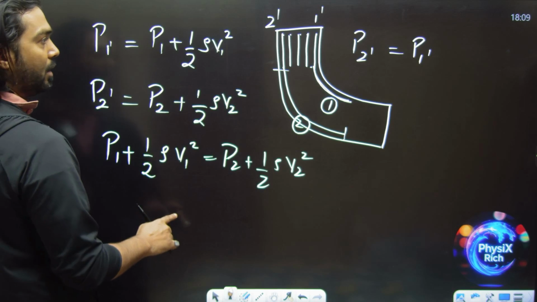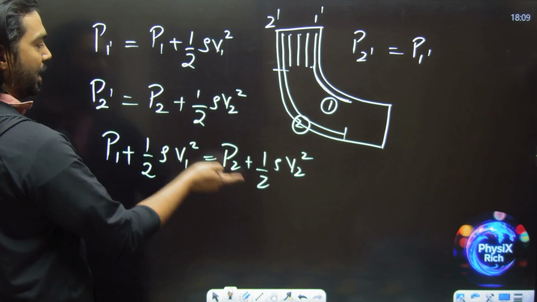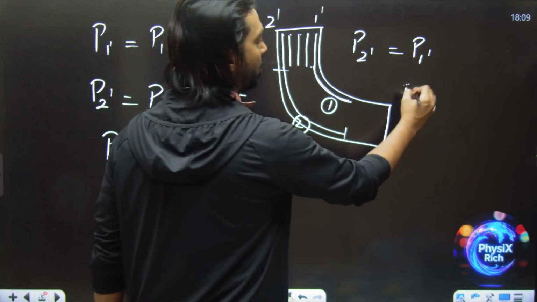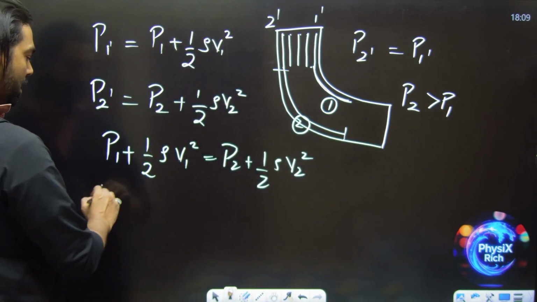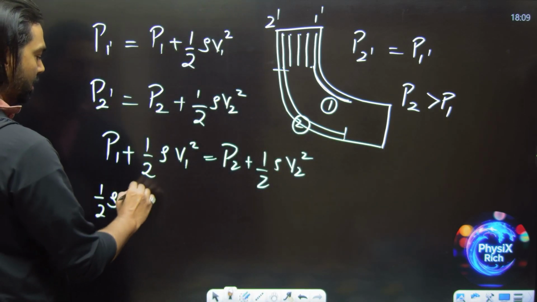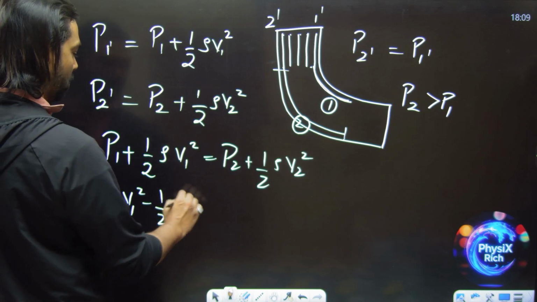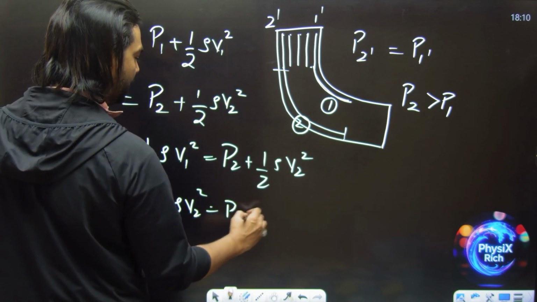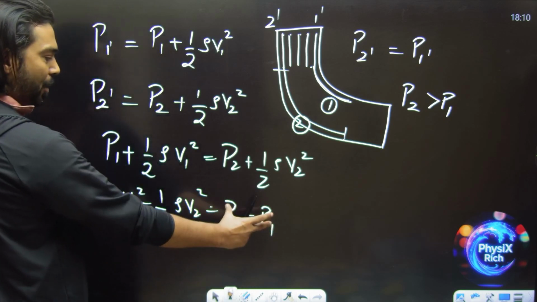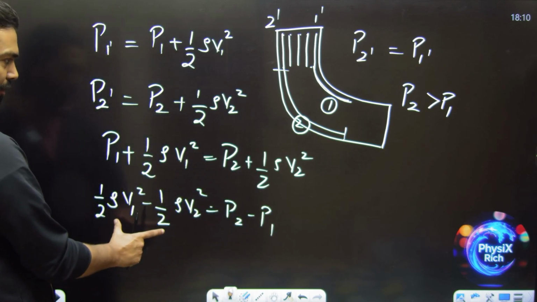We understand that P2 is greater than P1, which we have already concluded in our previous slide. So we can say that half rho V1 square minus half rho V2 square equals P2 minus P1. So if this thing is positive, this thing must also be positive.